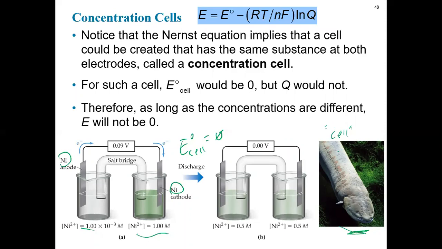In the cell, you have a cell membrane, and inside the cell and outside the cell you have different concentrations of, let's say, potassium ion or sodium ion. Therefore, they produce those kinds of batteries. So this fish has a lot of batteries, and altogether it can produce 500 watts of short pulse.